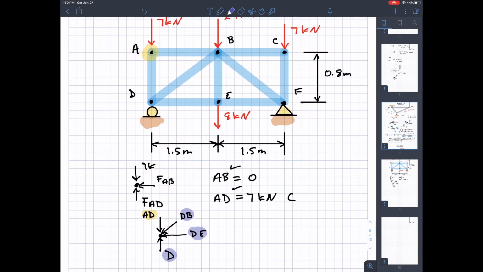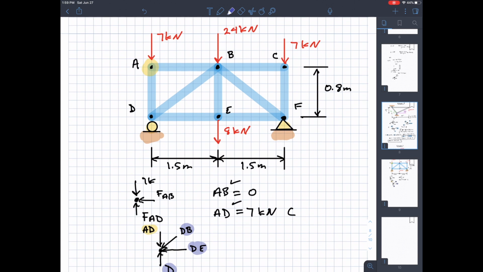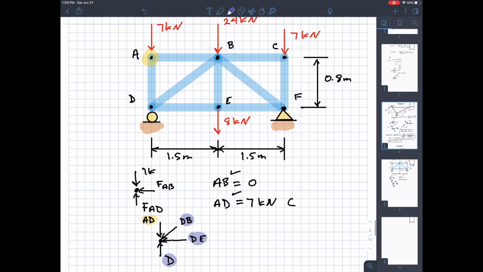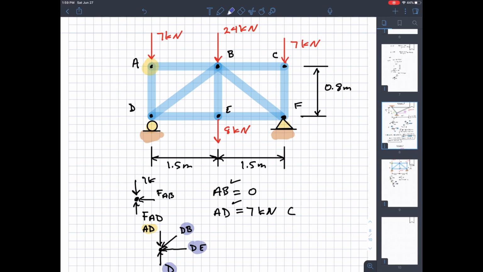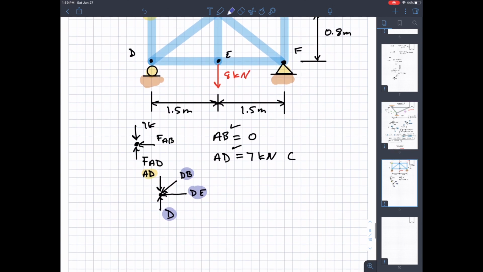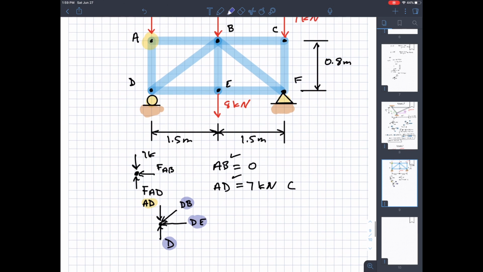But let's talk about that in a second. All right, so I'm a little bit stuck if I'm just wanting to look at the method of joints to keep going with this problem. All right, so that's what happens in many cases where you're going to have to take a look at the overall free body diagram to come up with the reaction forces at the supports.